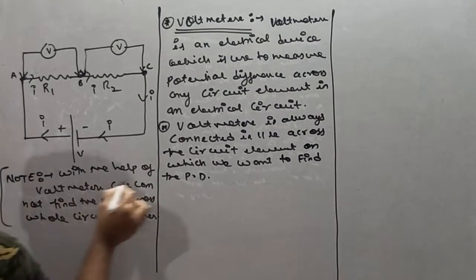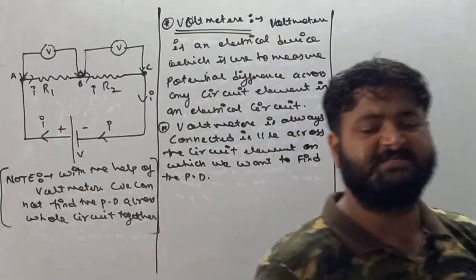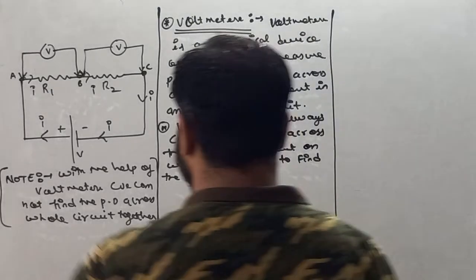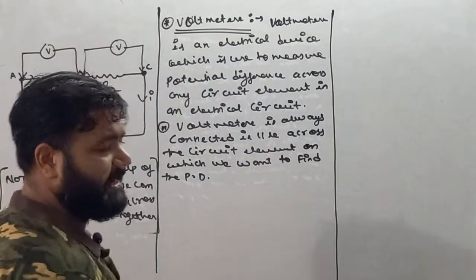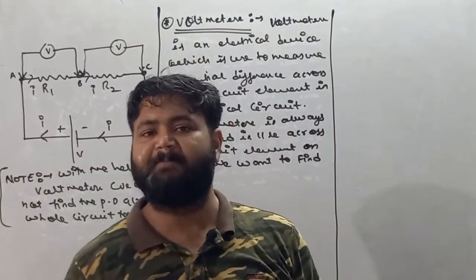So you must remember, my dear student: first point, a voltmeter is an electrical device which is used to measure potential difference across any circuit element. Second point, with the help of a voltmeter, we cannot find the potential difference across the whole circuit. And third point, a voltmeter is always connected in parallel.